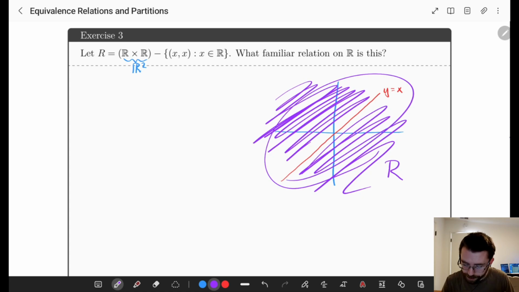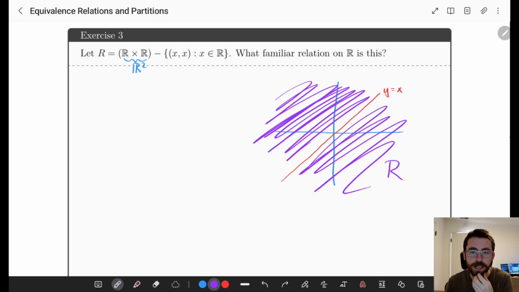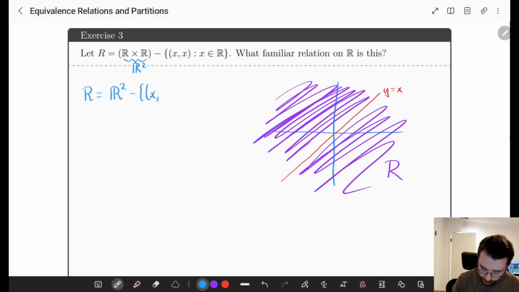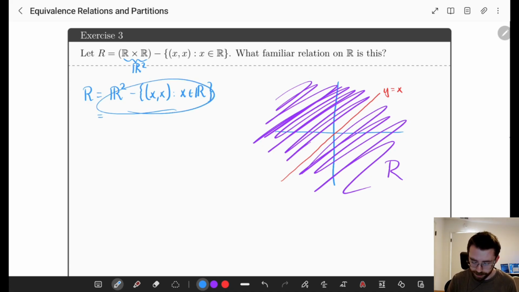Well, judging from this, it's not exactly easy to see. It might be easier to see if we just wrote out, okay, so R is the real numbers in 2 dimensions minus this diagonal. And maybe I can play around with this set builder notation and get it to look like something nicer. This is effectively a complement in R^2.